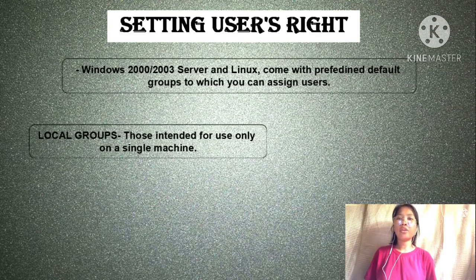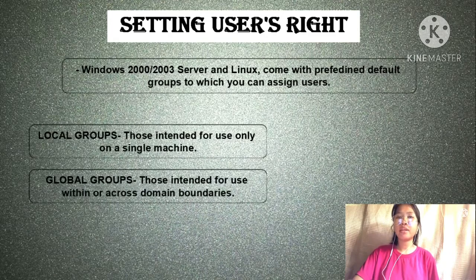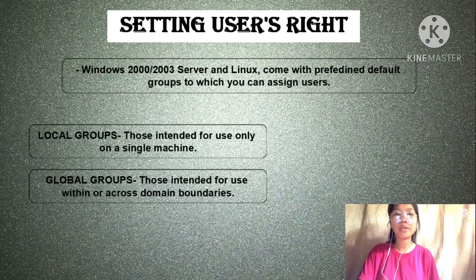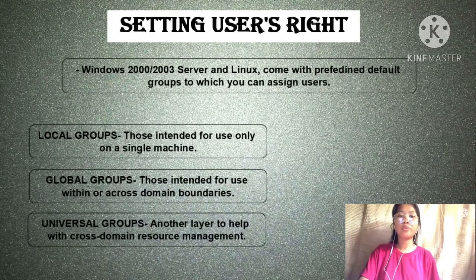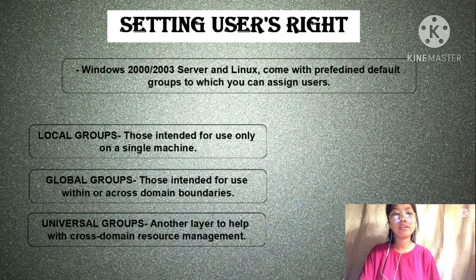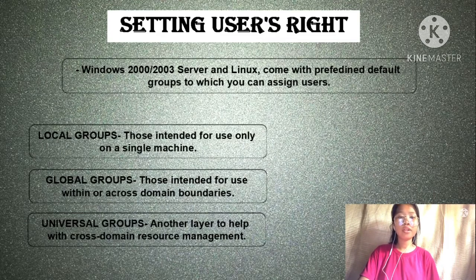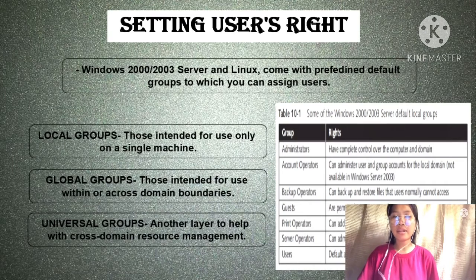In addition, there are two general kinds of groups in the Windows environment: the local groups, those intended for use only on a single machine; the global groups, those intended for use within or across boundaries; and lastly, the universal group.